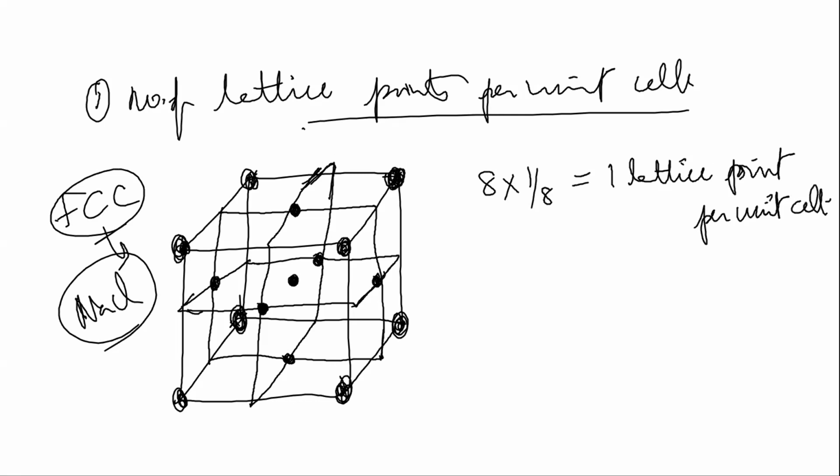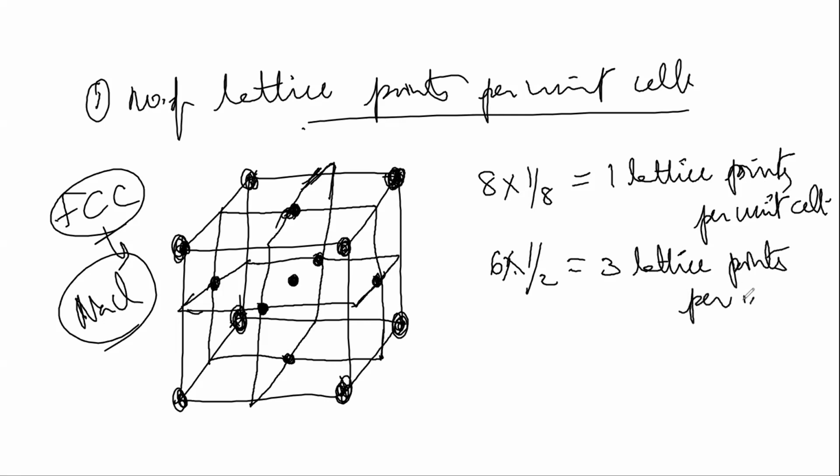And then we also have face centered atoms. Each of these faces is shared among 2 unit cells, right? That is the reason we have 6 into 1/2, that is 3 lattice points per unit cell.